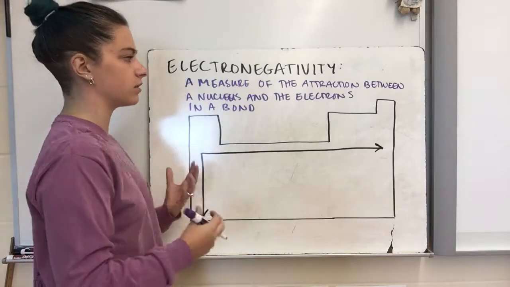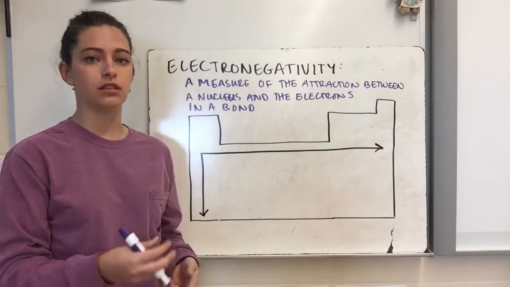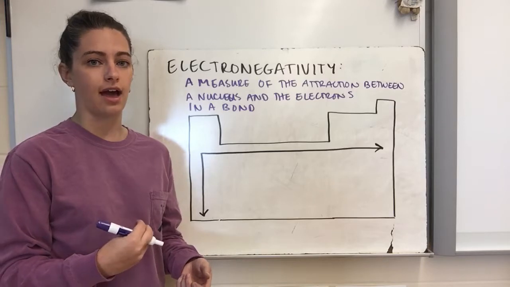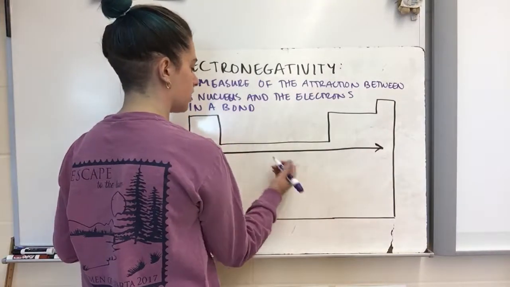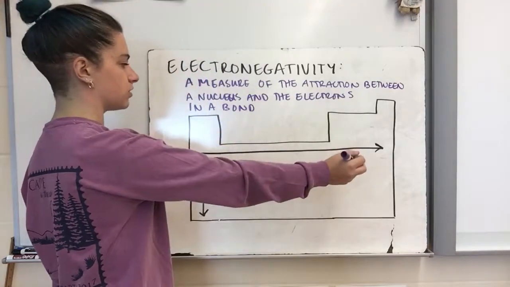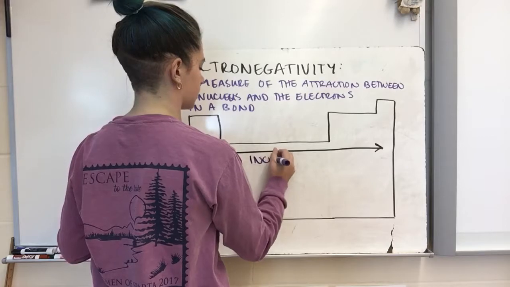So this is kind of similar to ionization energy, because the higher the electronegativity, the more pull those protons have on the electrons. Which means as we go from left to right, our protons increase, but our electrons don't get farther away, so our electronegativity is going to increase.